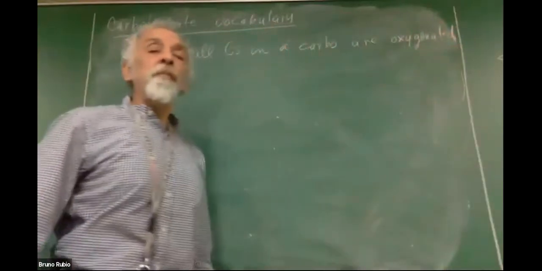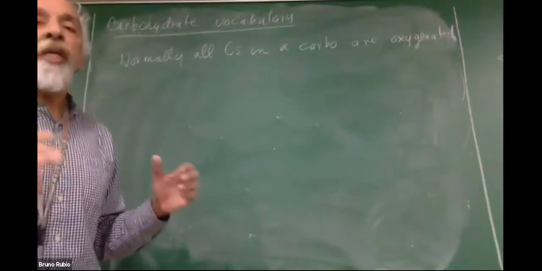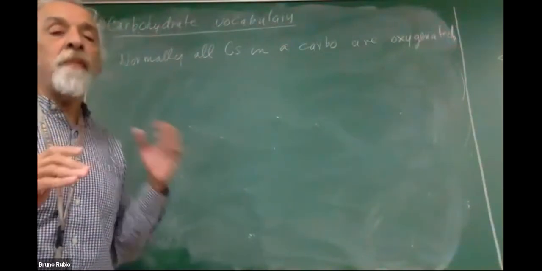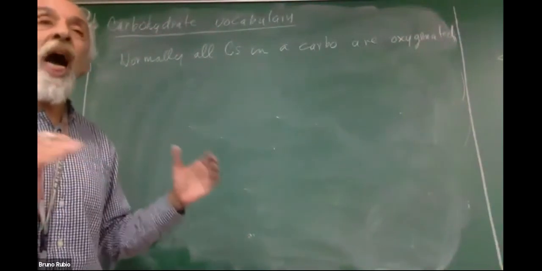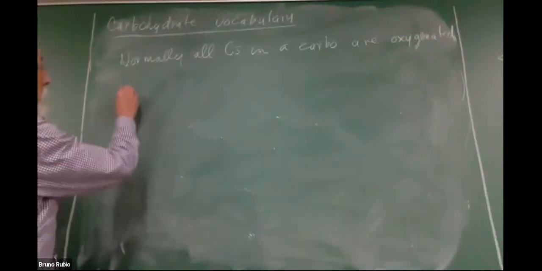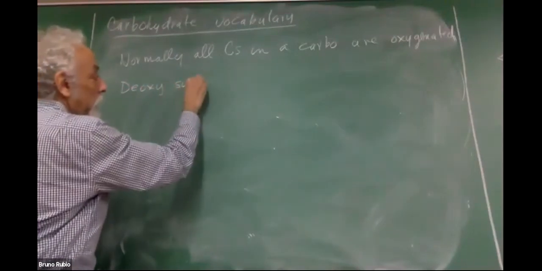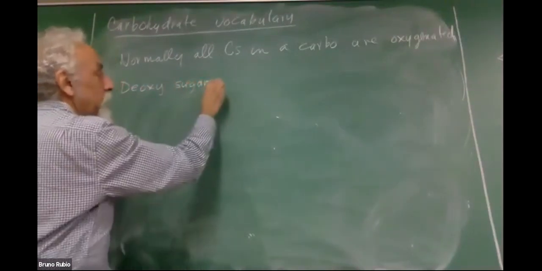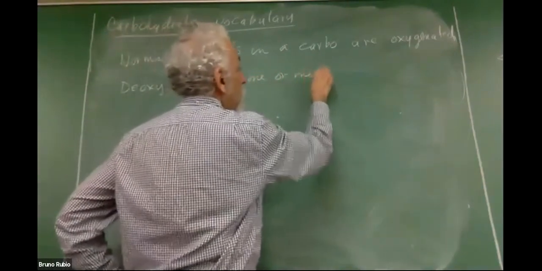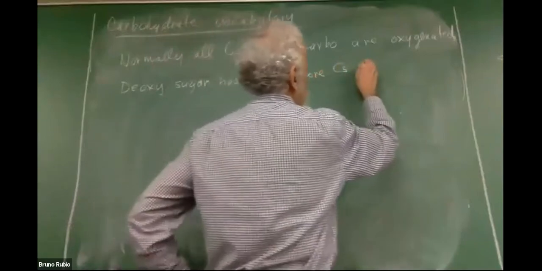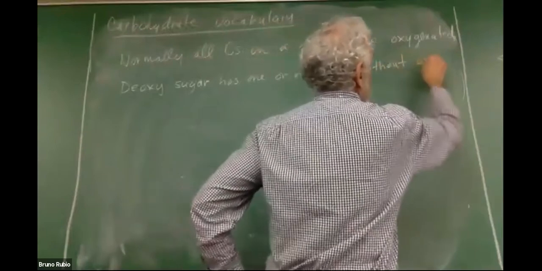But in some of the most important carbohydrates, the carbon atom isn't oxygenated. These are called deoxy sugars. A deoxy sugar has one or sometimes even more carbons without oxygen.